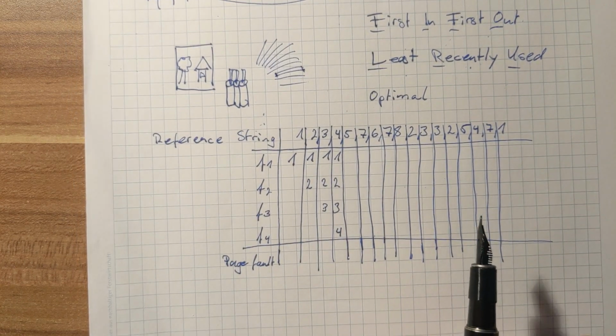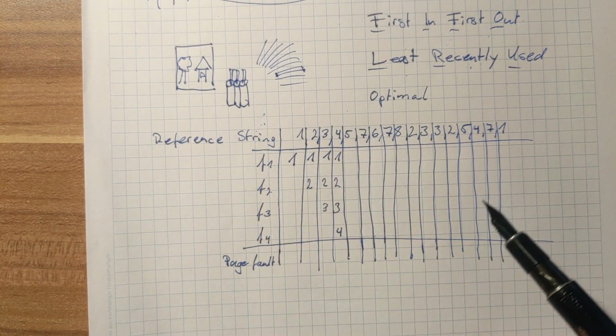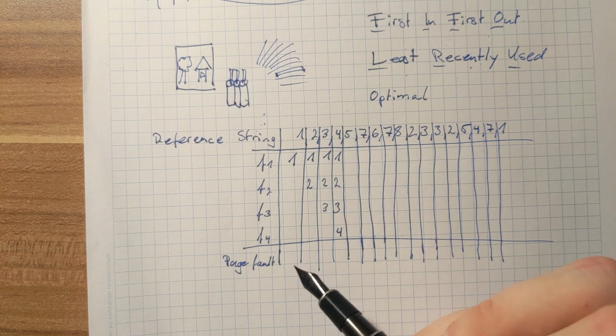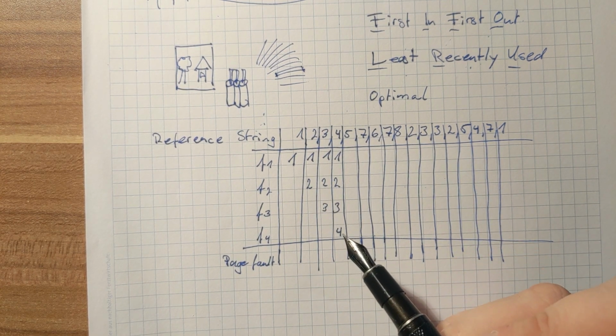So you want to avoid that, and that's basically what these algorithms are for, to keep the number of page faults as low as possible.